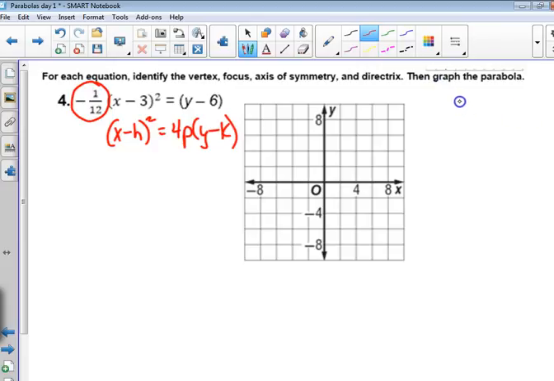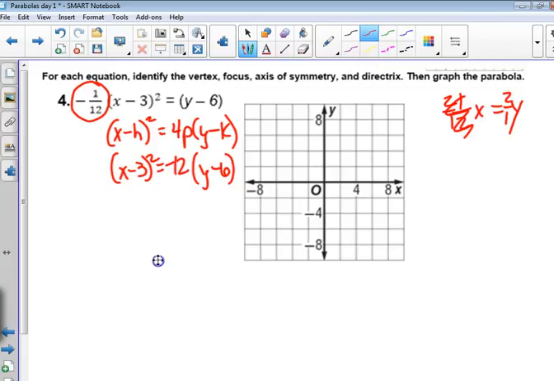If it says 1/2 x equals y, how do I get x by itself? Multiply by 2 over 1, right? And then it becomes x equals 2y. So to multiply here, I'm going to multiply by negative 12 over 1. So it would become x minus 3 equals negative 12 y minus 6.